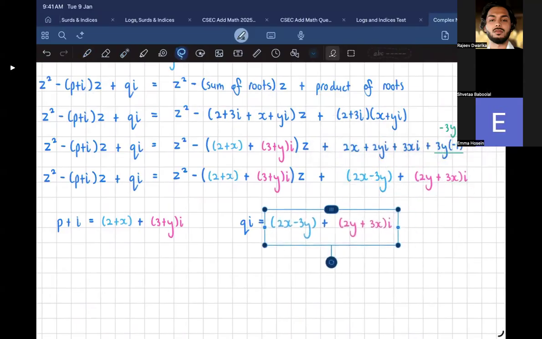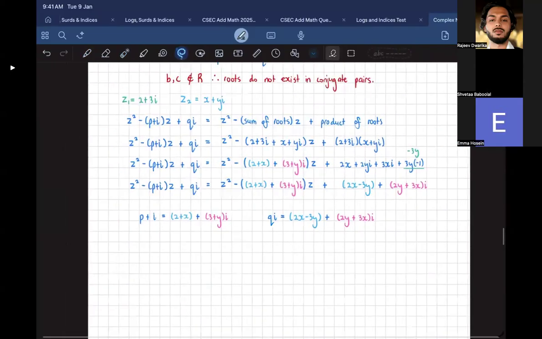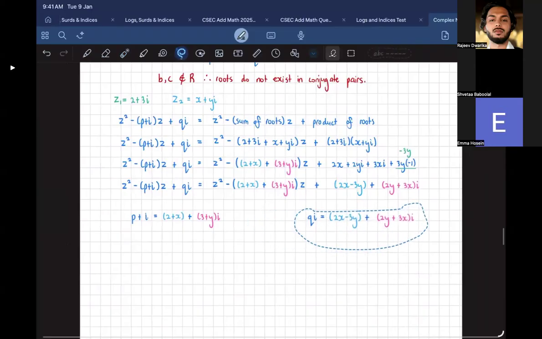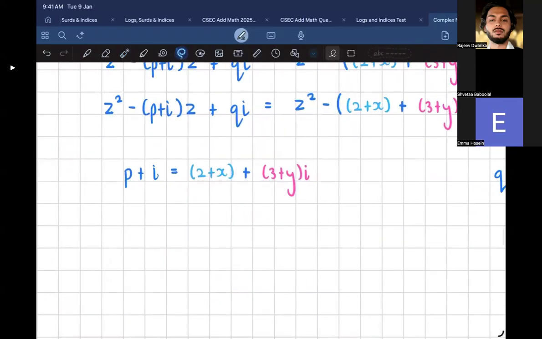Now this question is kind of tricky, because a lot of students might not know where to proceed from here. So we want to equate the real and imaginary parts. What's the real part over there? The real part is p. And what's the real part over here? 2 plus x.